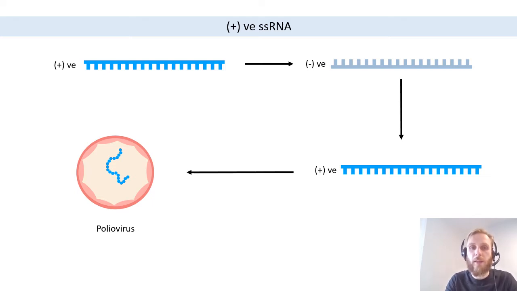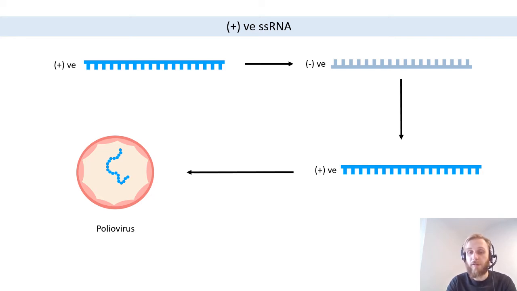And this is what that looks like. Our example here is poliovirus, and this is how poliovirus, being a positive sense single-stranded RNA virus, replicates. Initially, the positive sense single-stranded RNA genome is used to produce a negative sense single-stranded RNA copy using RNA-dependent RNA polymerase. The same enzyme then facilitates the production of positive single-stranded RNA.